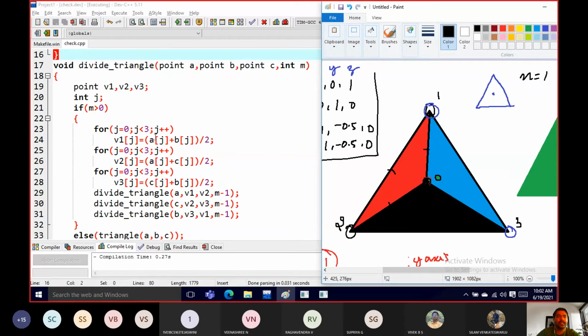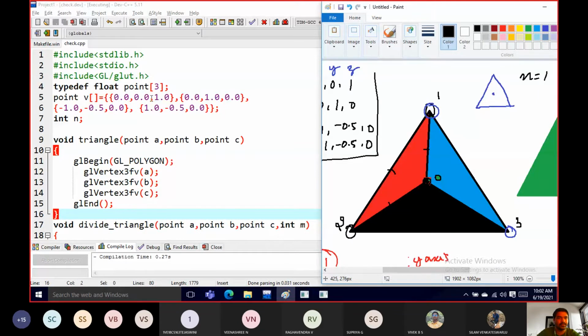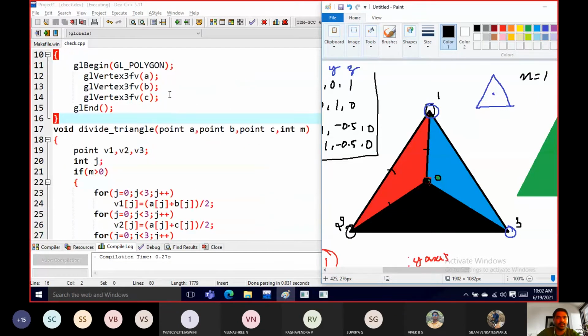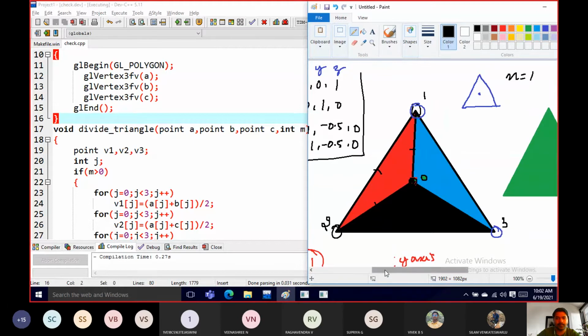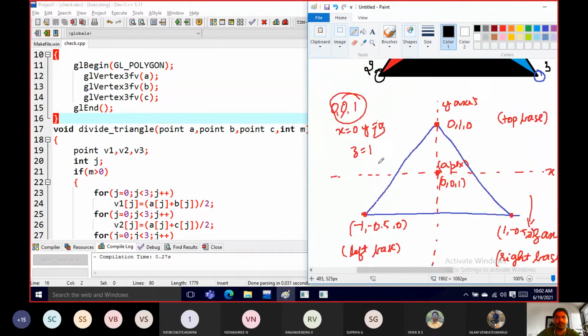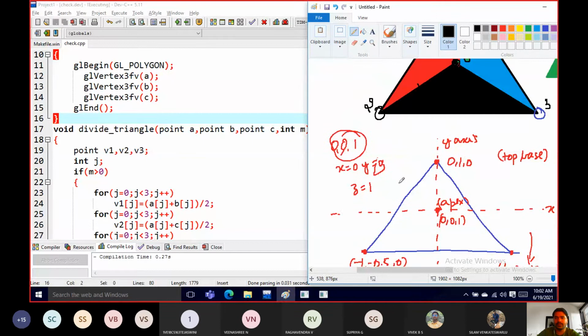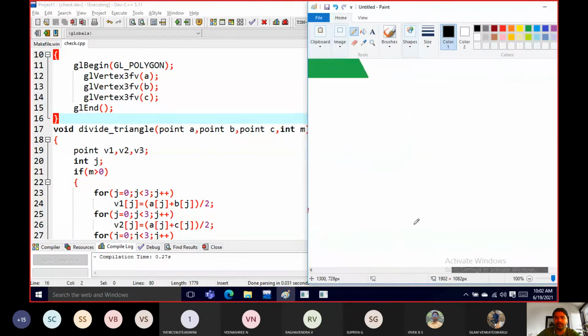So for A of j, we'll consider the values 0, 0, 1; 0, 1, 0; and 0, 1, 2.